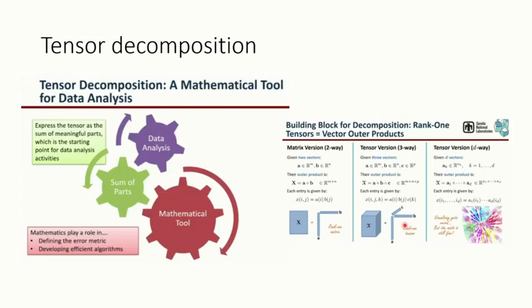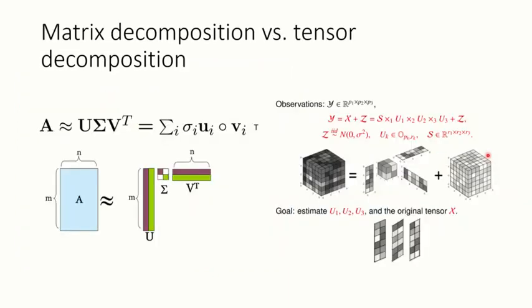A and B make an outer product that becomes a matrix. This matrix is multiplied with another vector C to create this 3D tensor. You can add these up to do decomposition for even higher dimensionality data sets.